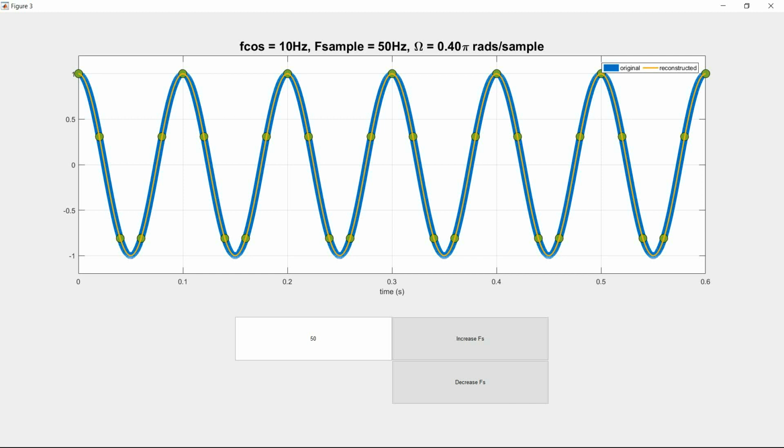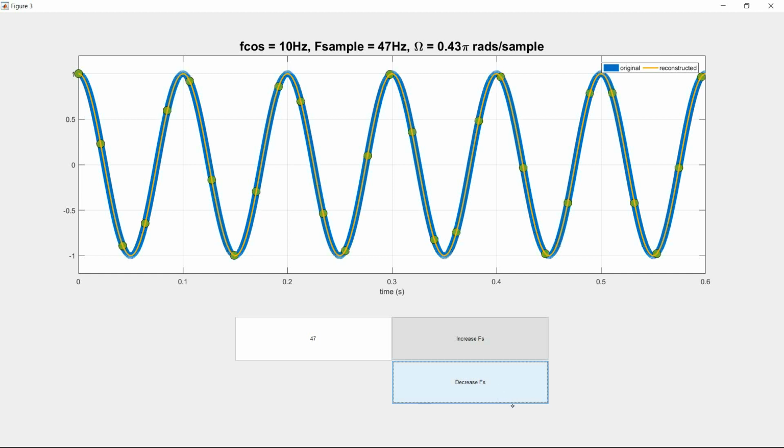That suggests 5 samples per period, and that's exactly what I have: 1, 2, 3, 4, 5 samples, and then the next period starts with another 5. That implies my discrete time frequency is 2 pi over 5, which is where the 0.4 pi comes from. So this is definitely enough points.